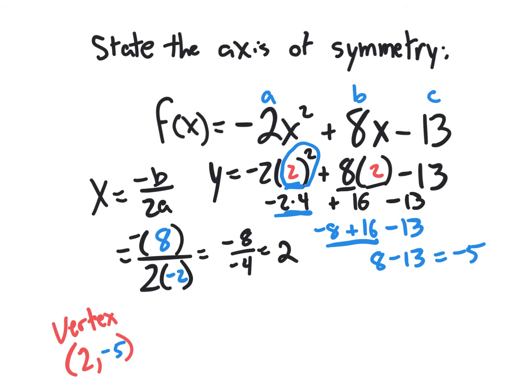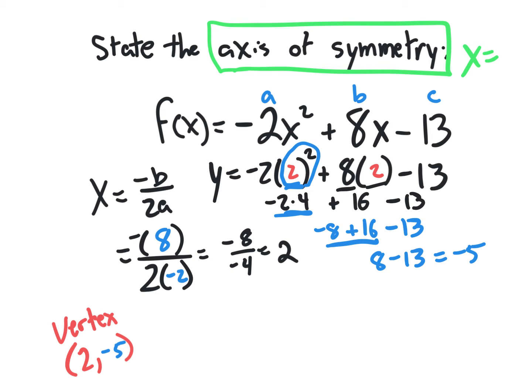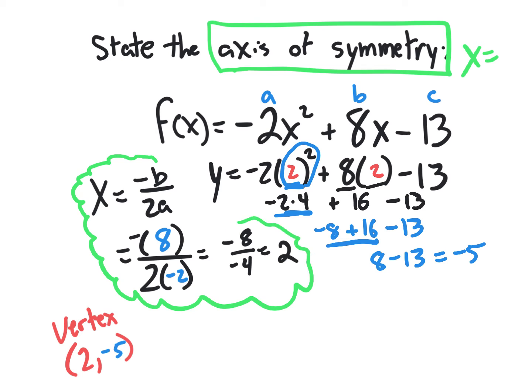Now, did I have to find the entire vertex in order to state the axis of symmetry? The answer is no. The axis of symmetry is x equals the x value of your vertex. So technically, once you apply the vertex formula, and you get this answer 2, you're done.